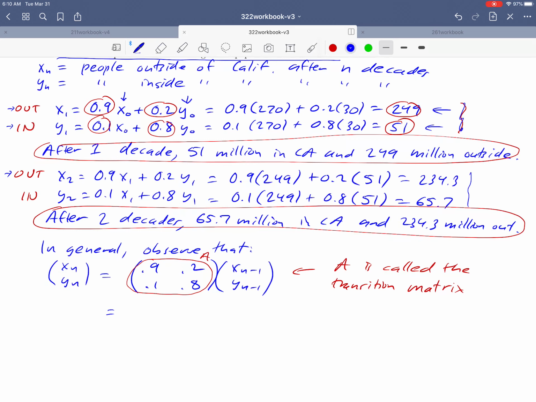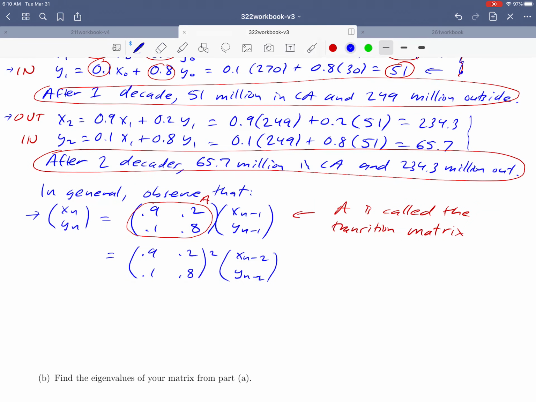So we could continue this calculation and say that if we take that matrix and square it, we could multiply by data 2 decades ago, and it should tell us what's happening after 2 decades, and this process just continues and gets us all the way down to a situation where we can take that transition matrix, raise it to the nth power and multiply it by our original population data, and it should tell us what's going on after n decades.